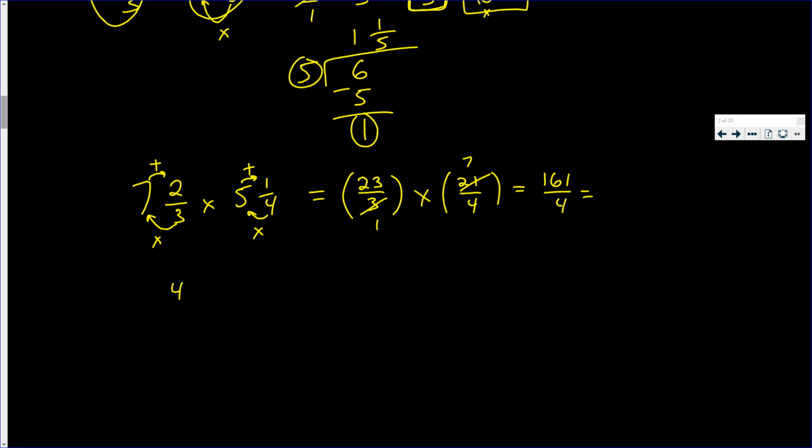I mean, you should know that 4 times 40 is 160. So it's going to go in 40 times, and this number on top is 1 more than 160.